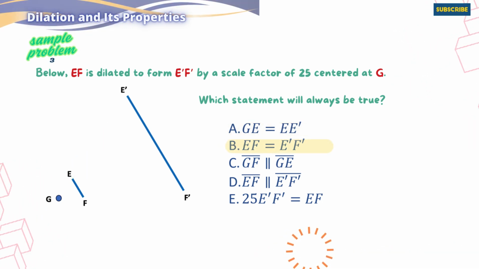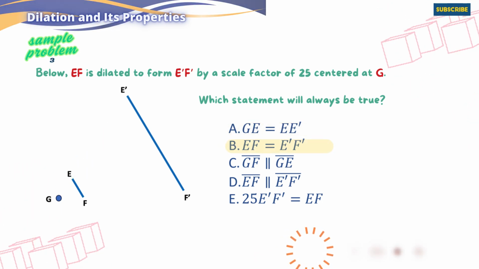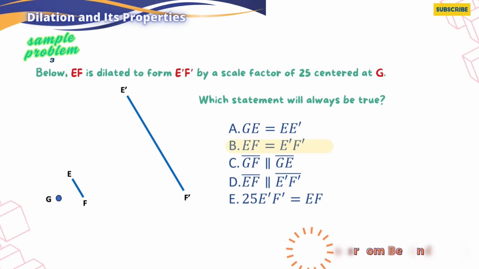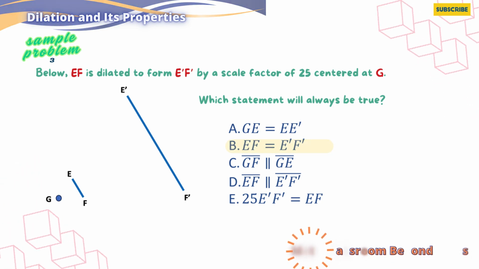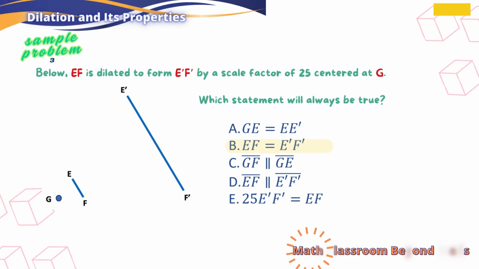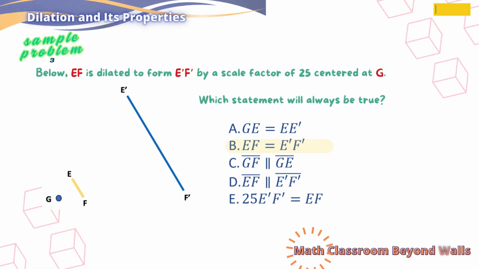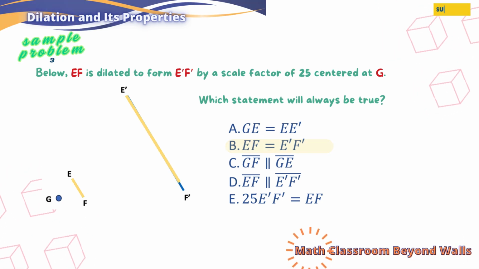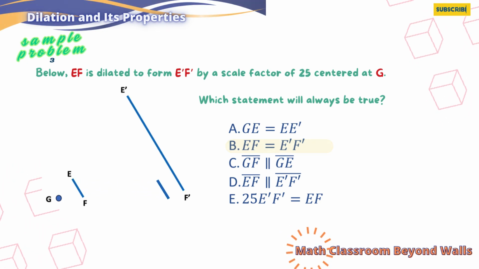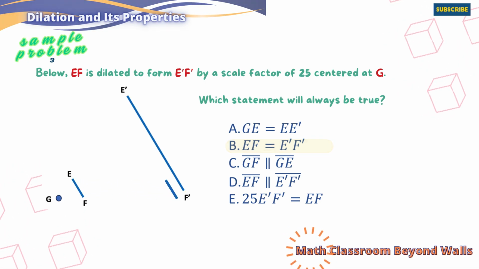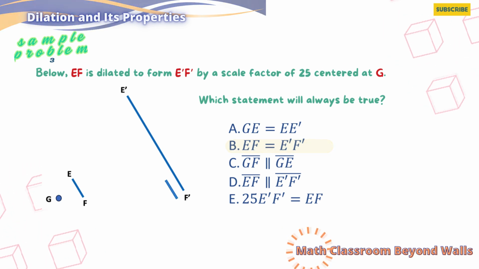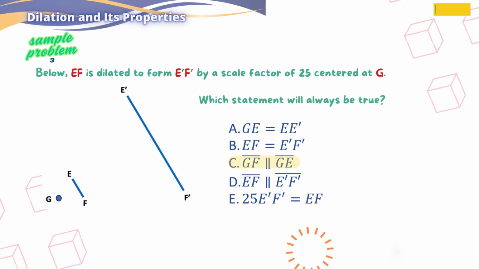Okay, so let us look at option B. The measure of EF is equal to the measure of E prime F prime. Okay, so EF is here and E prime F prime is here. Are they equal? We again see that the statement is not true. They are not equal.